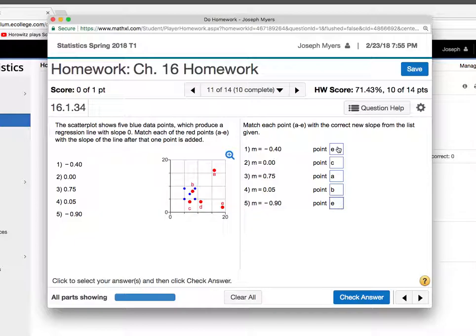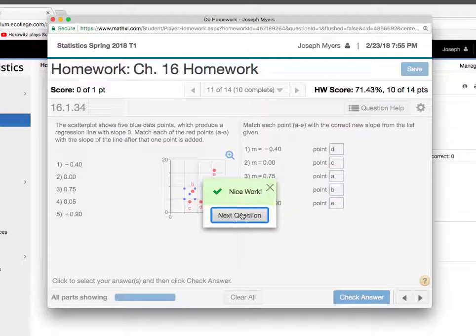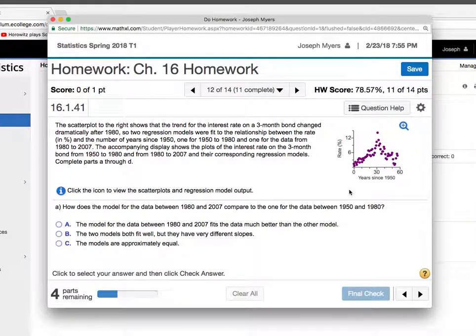Wait, if that one's that one, then negative 0.40 would be, oh boy. Let's try that. Okay, good. I wish I could draw on the screen. That would have made it easier to figure those out.